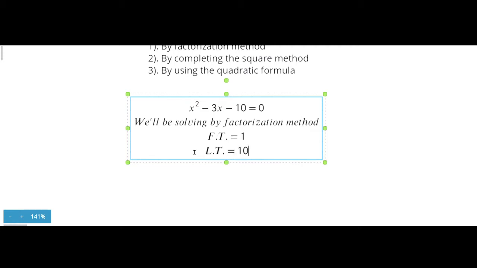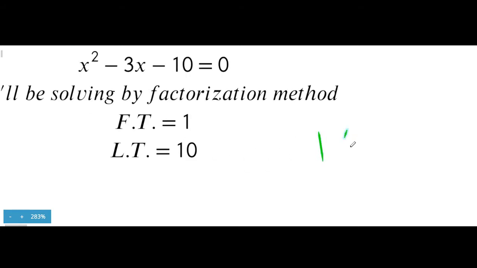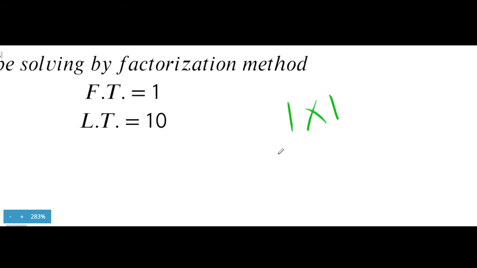Actually it's minus 10, but here we'll be taking 10, and we'll try to make its factors such that we get this middle term properly. So let's say the factors of 1 are 1 cross 1 and the factors of 10 are 5 times 2.